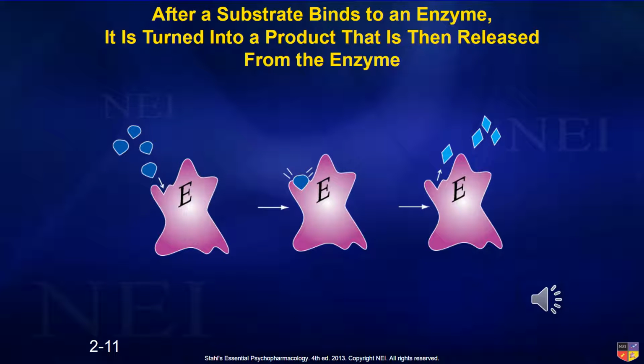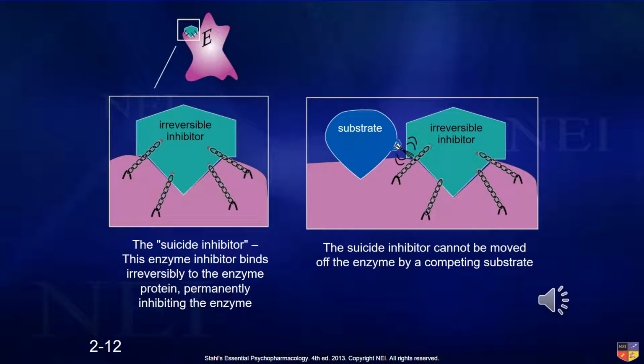Another concept that is very important for our work is how enzymes work. A substrate binds to the enzyme, or vice versa, an enzyme to the substrate, that then breaks down the substrate. We'll begin to look at that in the next few slides. I've kept these slides in this shorter presentation just because they are in Stahl, found in Chapter 2. The enzymes, there are two different forms. Some are irreversible inhibitors that once they bind, that's it.